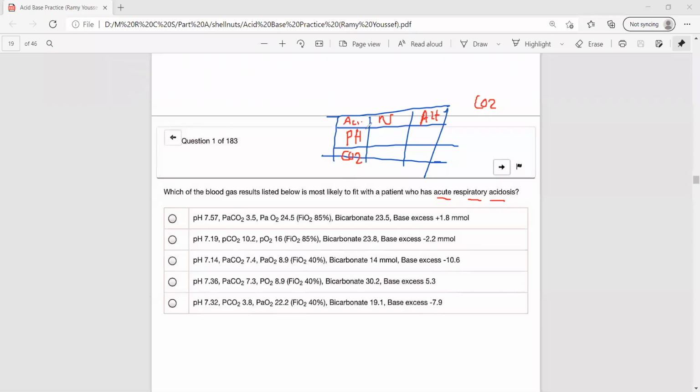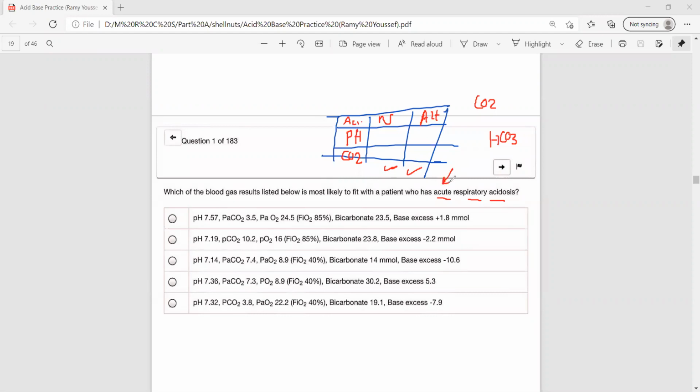Where do you expect to find the HCO3? Either normal, or if partially compensated, high, or trying to compensate toward alkalosis.